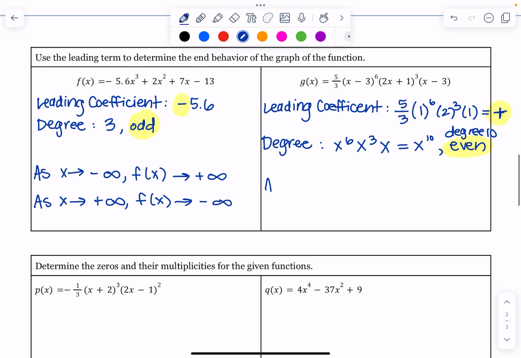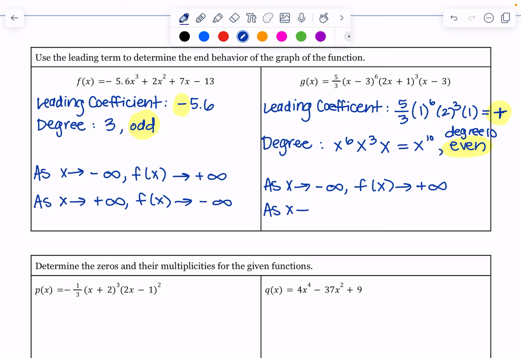So for end behavior, as x goes to the left, f of x goes up. So as x goes to negative infinity, f of x goes to positive infinity. And then on the right, y is pointing up as well. So as x goes to positive infinity, f of x goes to positive infinity.